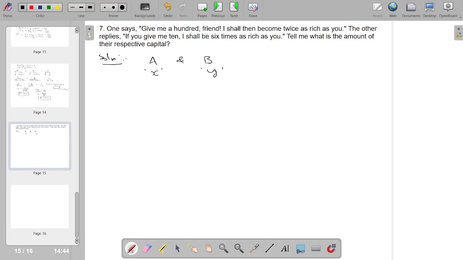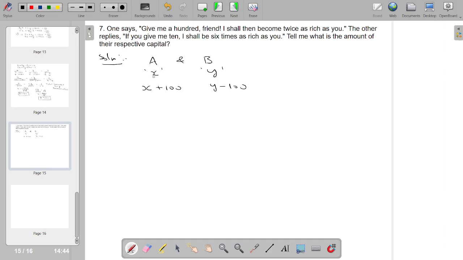So person A has X rupees. If person B gives person A 100 rupees, how much will A have? A has X plus 100, and because B is giving the amount, the total left with B is Y minus 100.